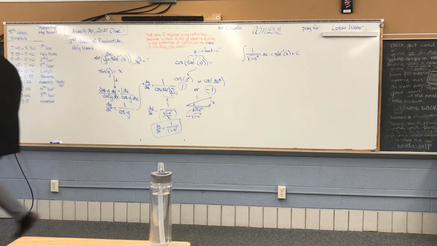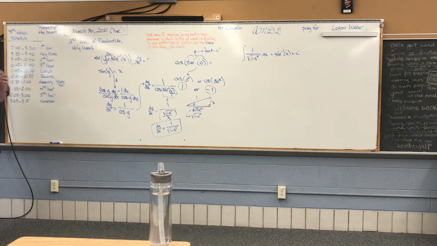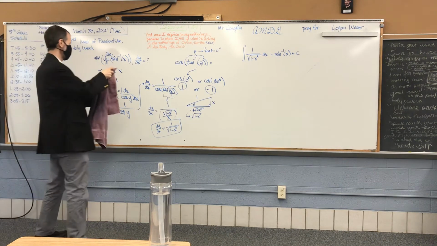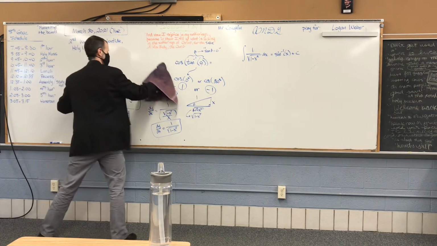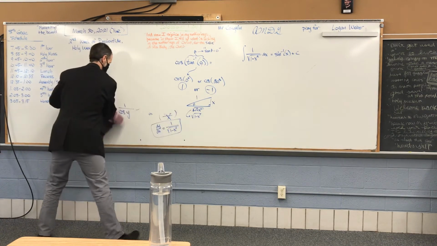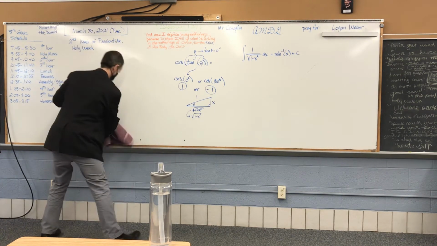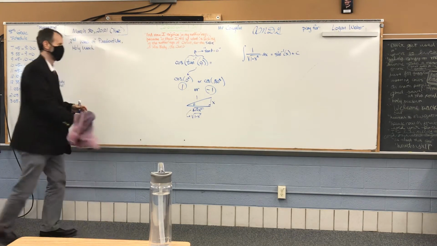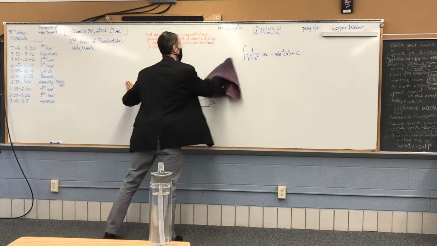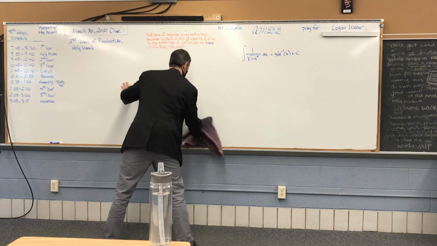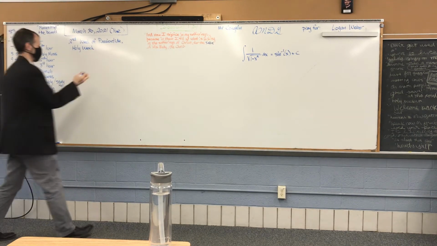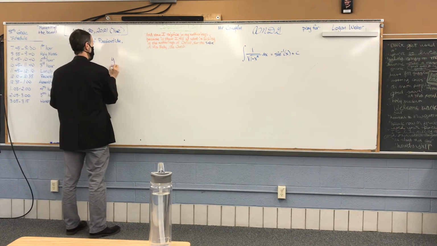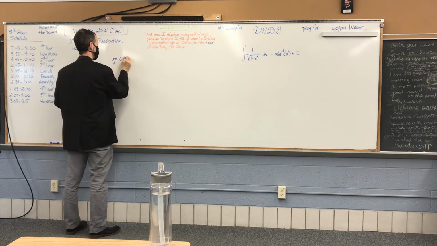I want to try that same trick with inverse cosine. Is it possible to get the derivative of inverse cosine? Let's try it. y equals the inverse cosine of x.